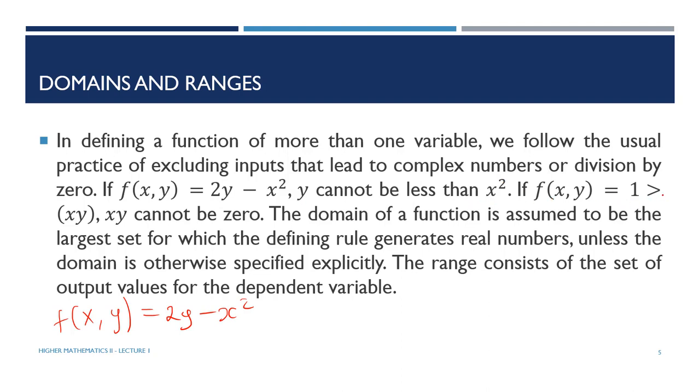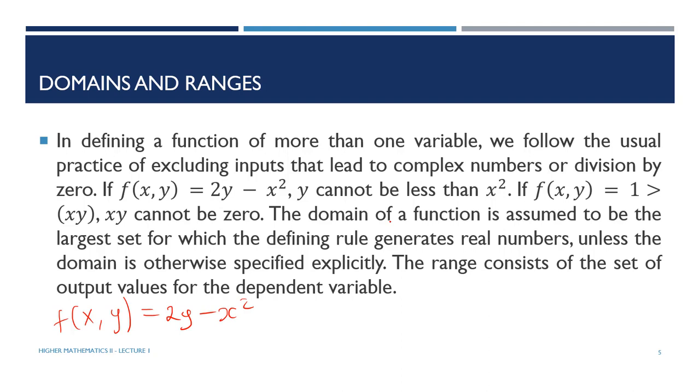If f of x, y equals 1 over xy, then xy cannot be 0. The domain of a function is assumed to be the largest set for which the defining rule generates real numbers, unless the domain is otherwise specified explicitly.